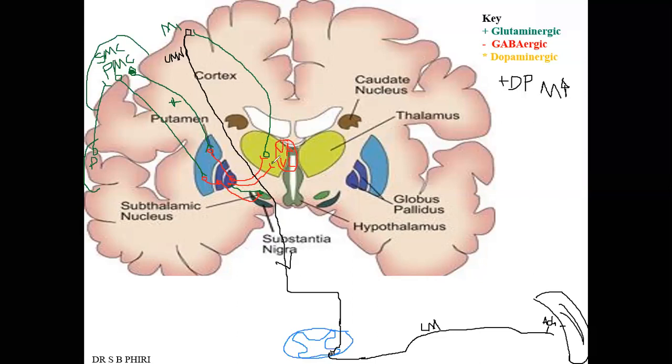So you have a stimulatory neuron that is now projecting to the primary motor cortex.